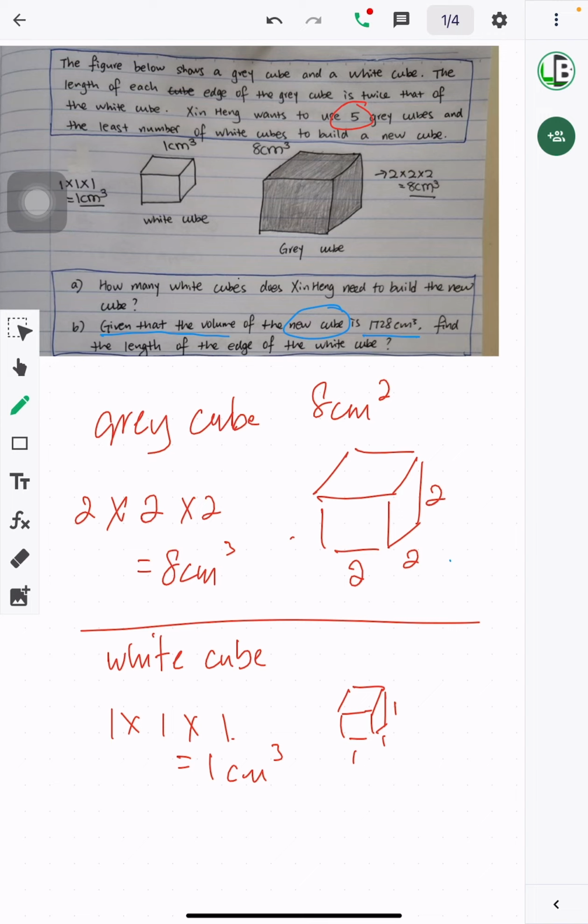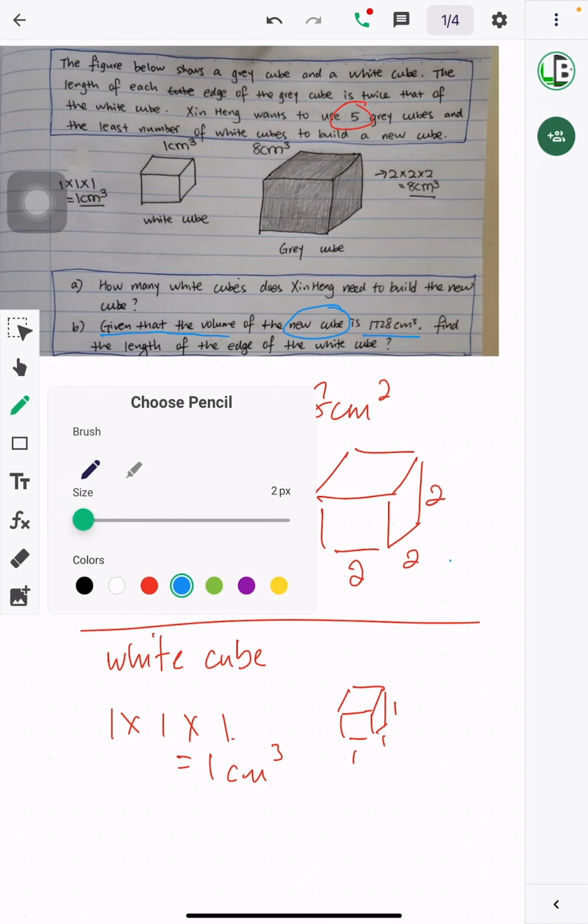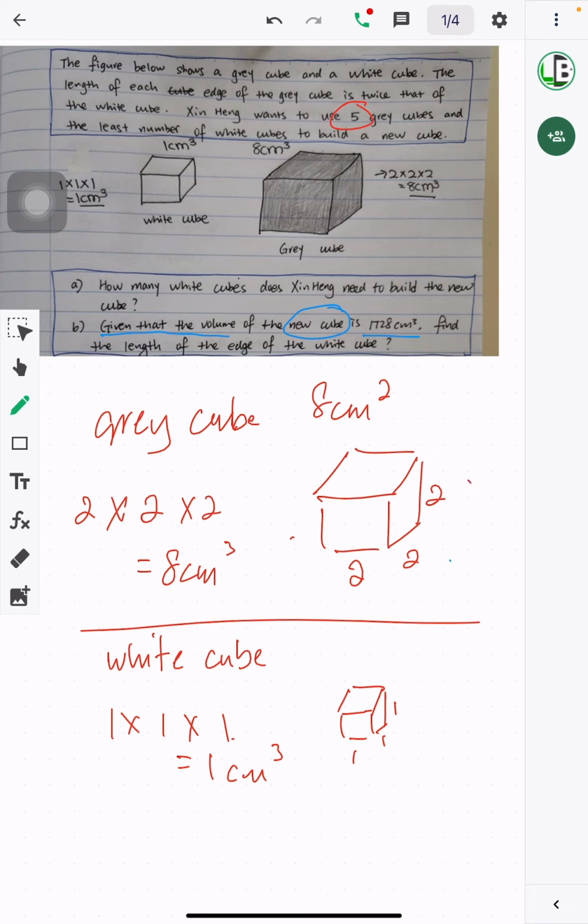Okay, so initially, let's use the red color. Initially you find this question is not very well phrased in terms of English, because it says he wants to build with the least number of white cube.